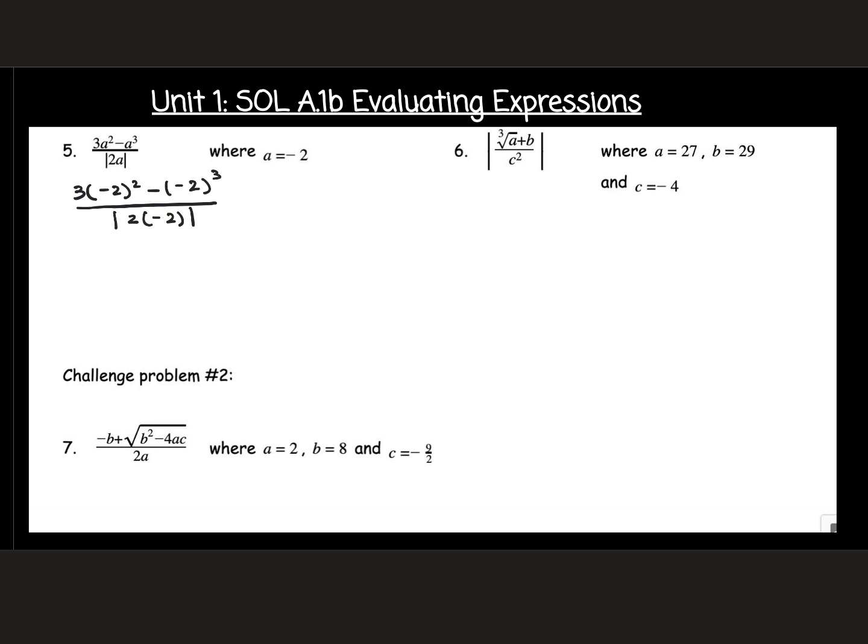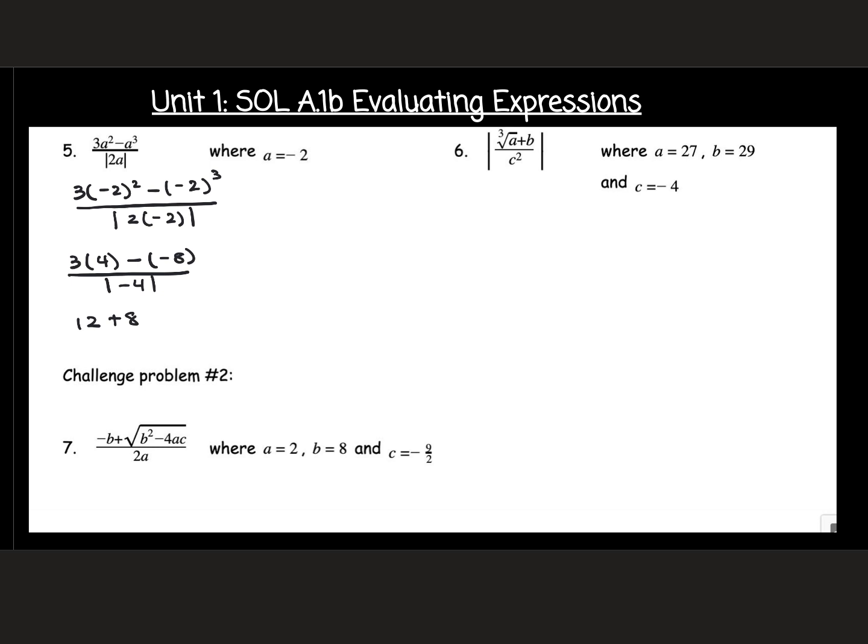All right, so I'm going to go ahead and simplify my numerator by dealing with my exponents. So I have 3, -2 squared gives me 4, minus -2 cubed gives me a -8, because that's -2 times -2 times -2, which gives me a -8. And then I have the absolute value of -4. 3 times 4 gives me 12.